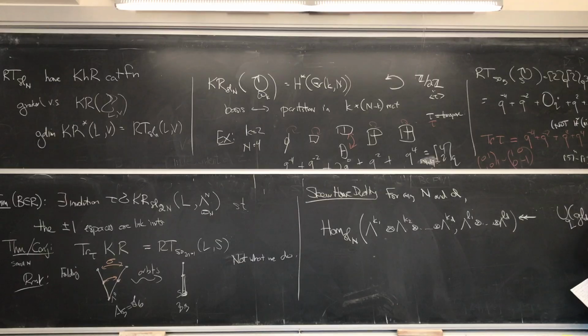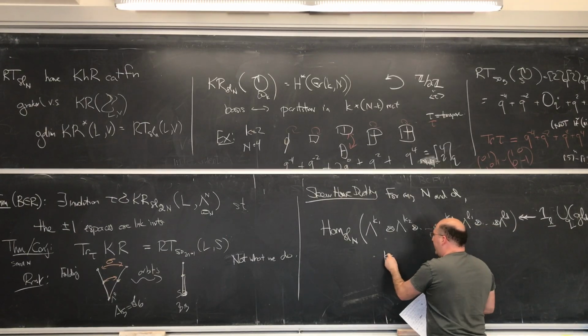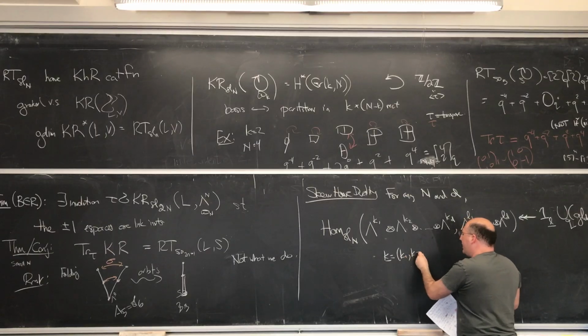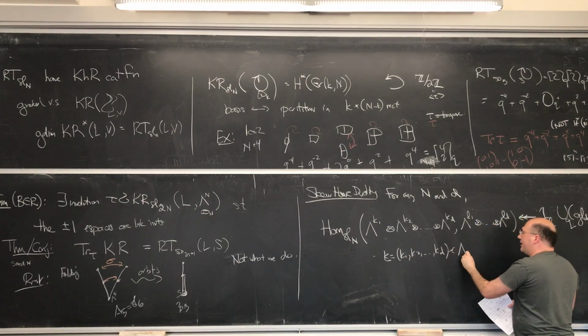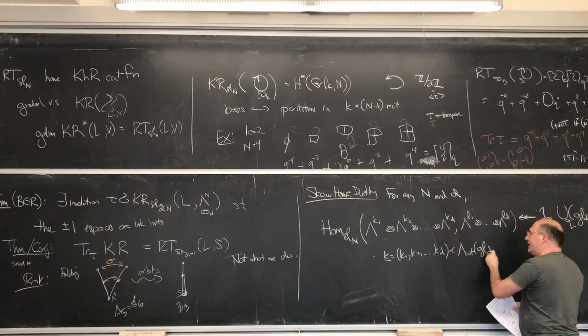So I'm going to idempotentize it by putting projection to the K weight space here and projection to the L weight space there. So these K's, K underline, which is K1, K2, and so on, is a d-tuple of integers, and you think about this as being in the weight lattice of GLD.